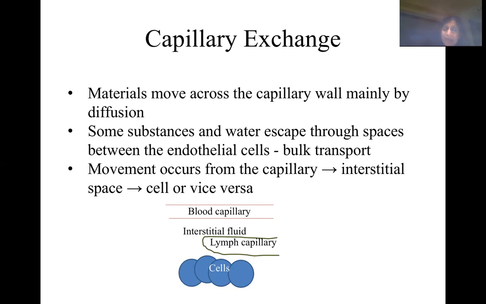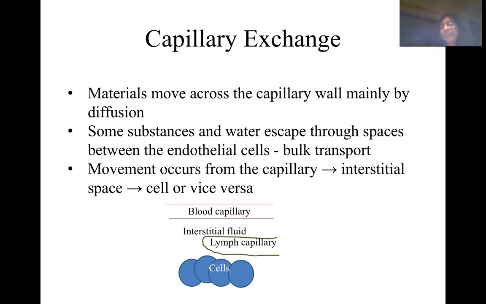Now, we just have to assume that the blood has moved through the arteries, in the arterioles, and is now at the capillary. Blood capillary, as you know, is the thinnest blood vessel.